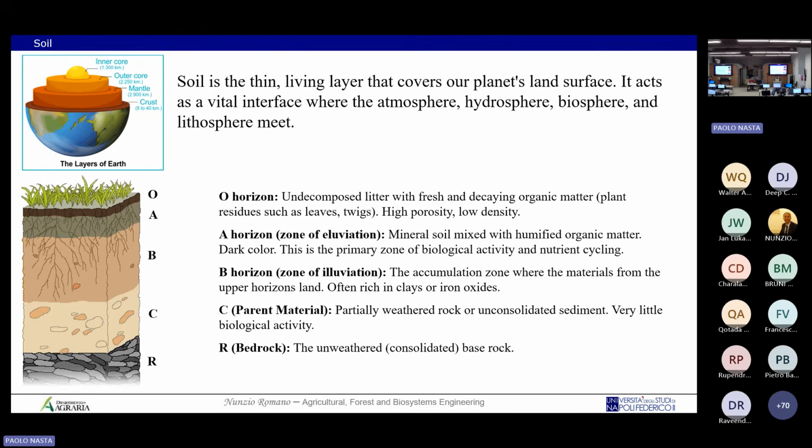Then there is the parent material, the C layer, which is unconsolidated sediment and weathered rock, with little biological activity. Roots can reach this layer, especially in semi-arid or arid environments. Finally, there is the bedrock, the R layer, which is made of unweathered base rock.